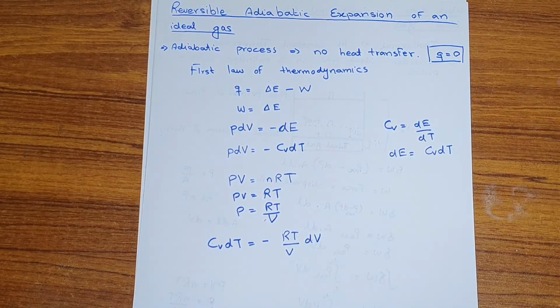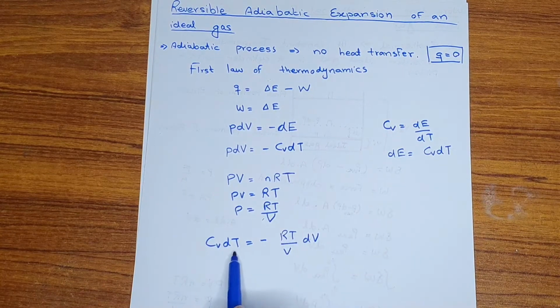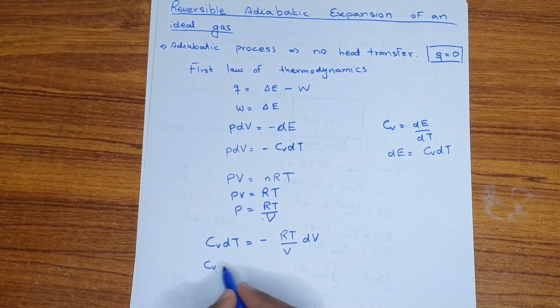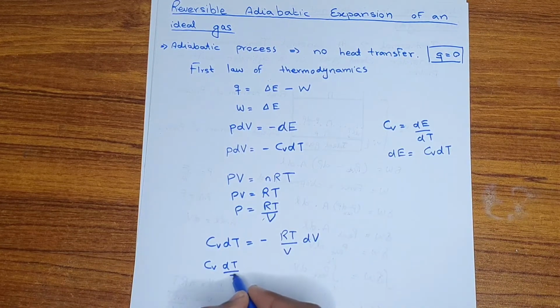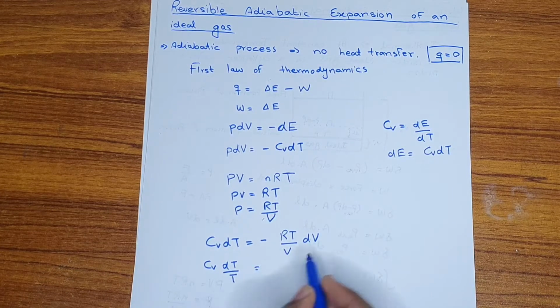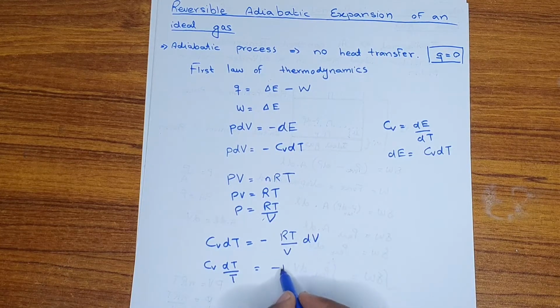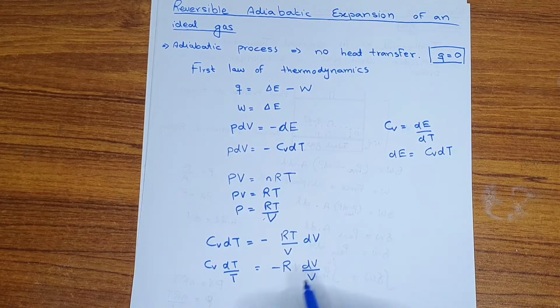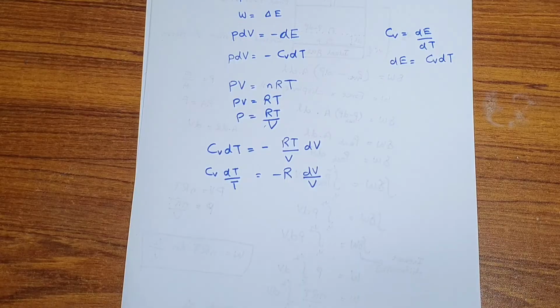Now this T will go in the denominator, and I will be left with dT by T, and here I have minus R, and this V will go below it, and I'll get this. Now I just have to integrate both sides of the equation.